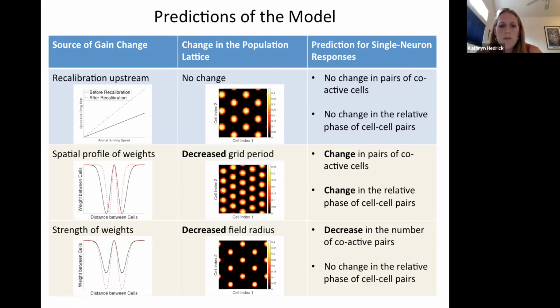Just from a practical standpoint of how I would model this, changing the spatial profile would be the hardest. But on the flip side, when we were initially talking about this with the experimenters, we were talking about it a lot in terms of how the grid might compress. The period of the grid is inversely related to the gain.